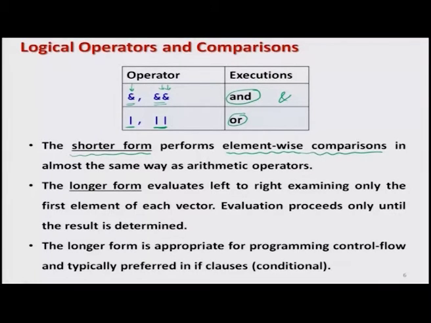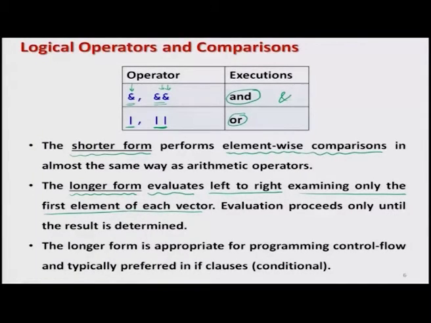Whereas when I use the double letters, like double and or double vertical lines, I am calling this the longer form, and this evaluates a vector from left to right. This is very important to keep in mind. It examines a vector from left to right, but it takes care only of the first element of each vector.